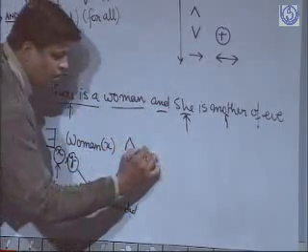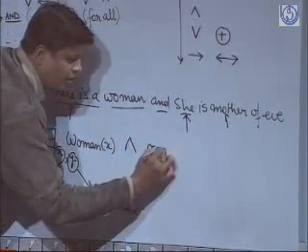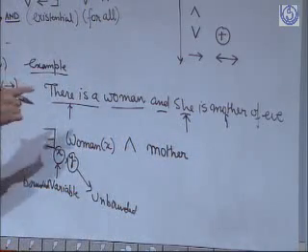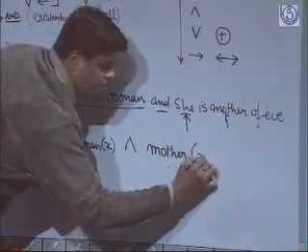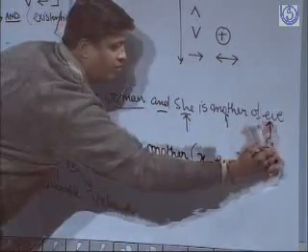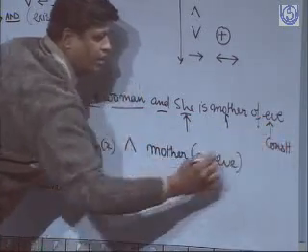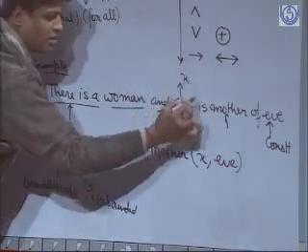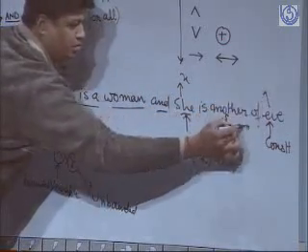There is a woman and she is mother of Eve. Who? The relation in between. The relation precedes. Keep it in mind, predicate means relation precedes. X is mother of Eve. Now Eve is a constant. The relation in between the woman, which is X, and Eve is mother.